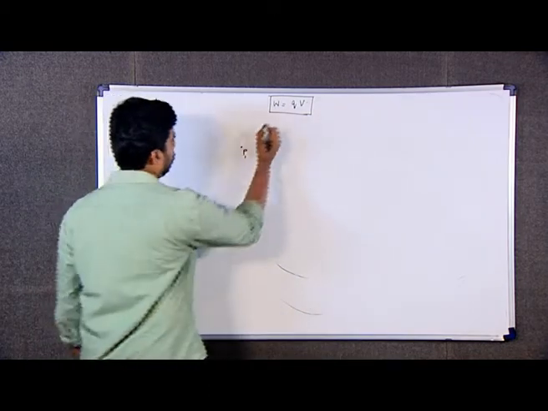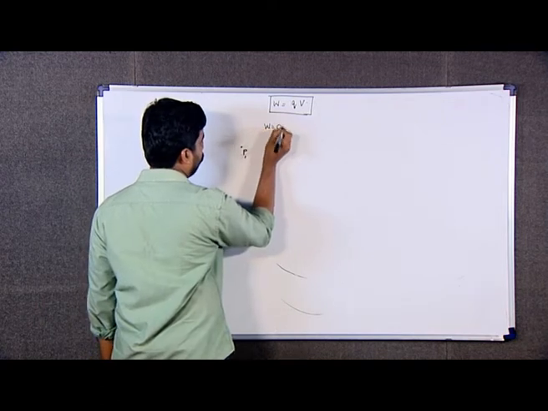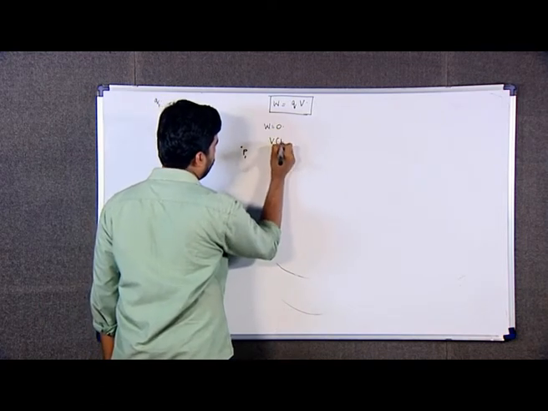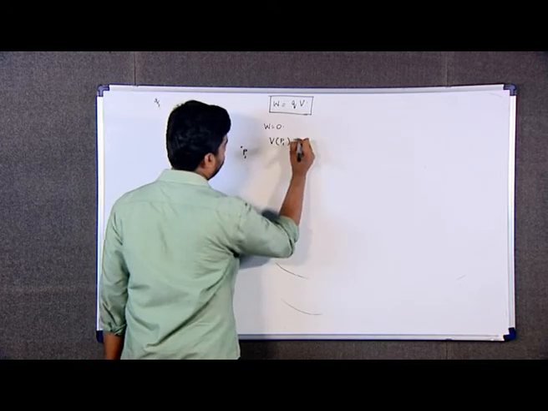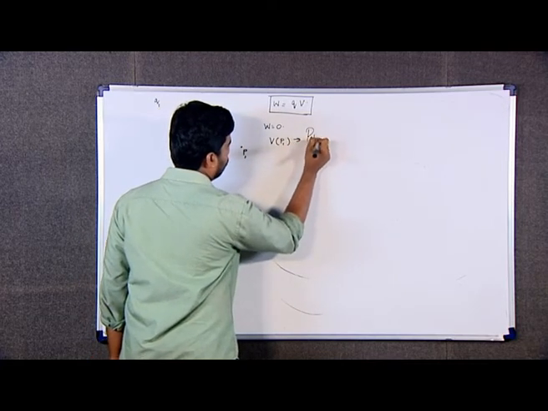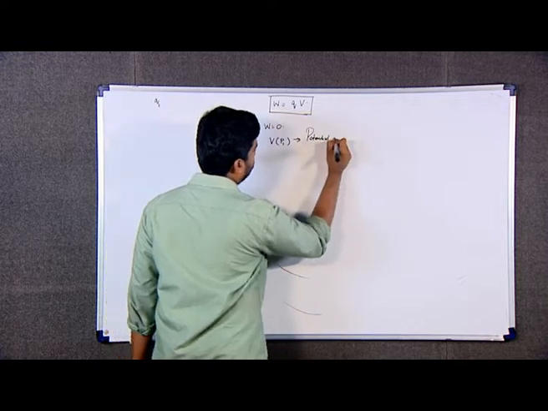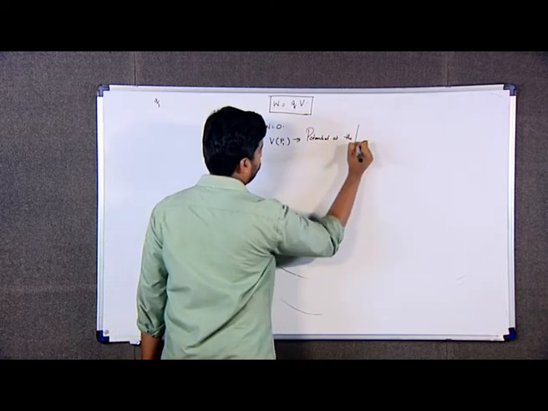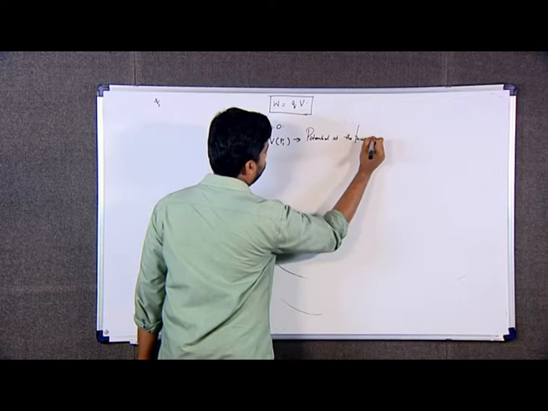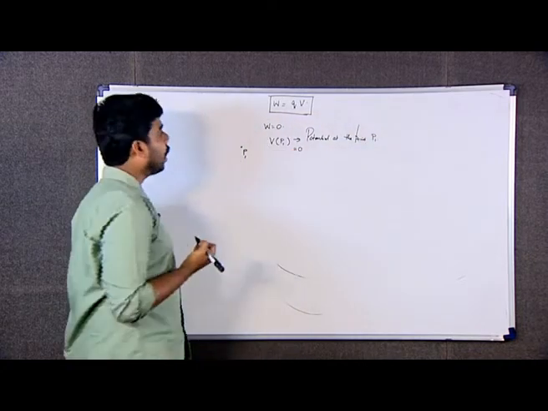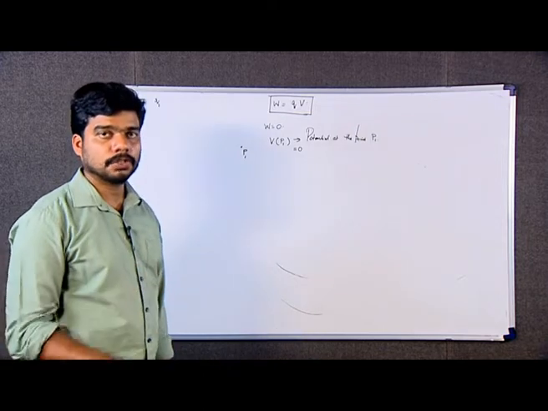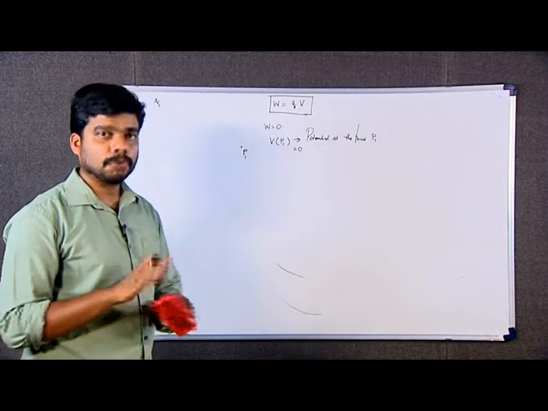At this point P1, W is equal to 0. Why? Because the potential at the point P1, we will name it Vp1, is equal to 0. Why? Because there was no charge.